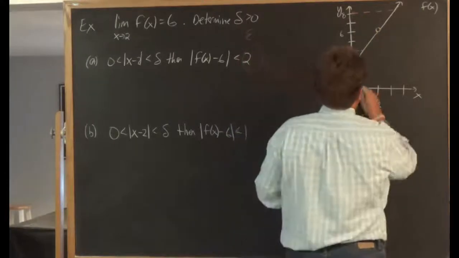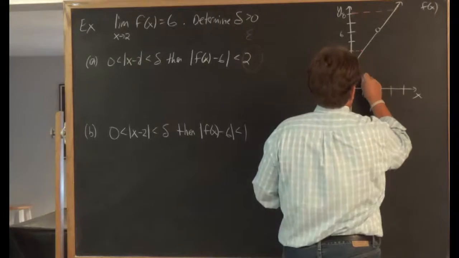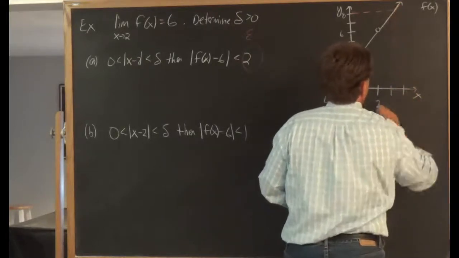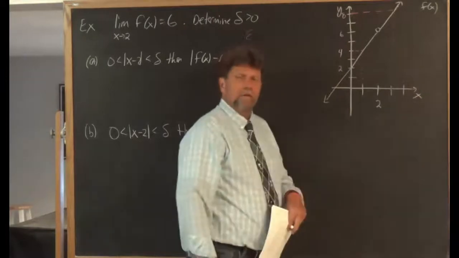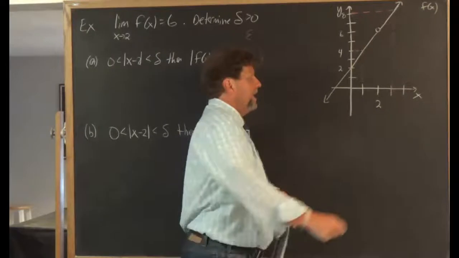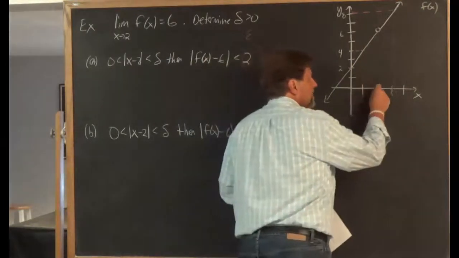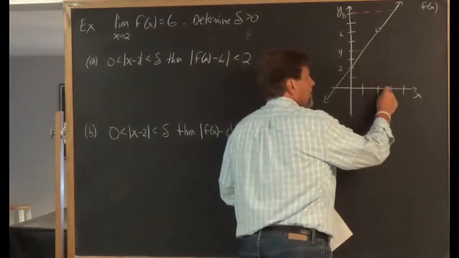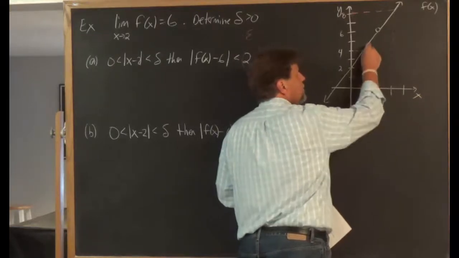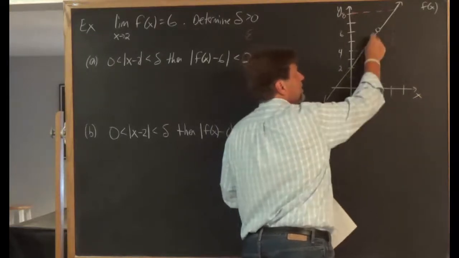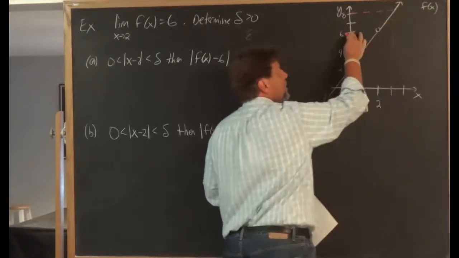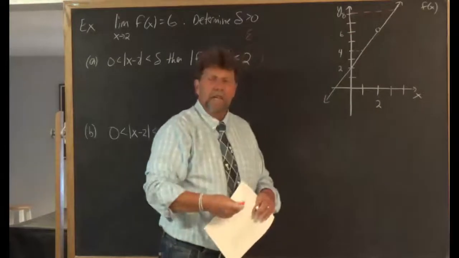Well, if I just kind of drop those down, I think I have the answer to the question. If you pick any x in the interval 1 to 3, so you pick any x in here, the functional values, or the y's if you will, will be within 2 units of 6.